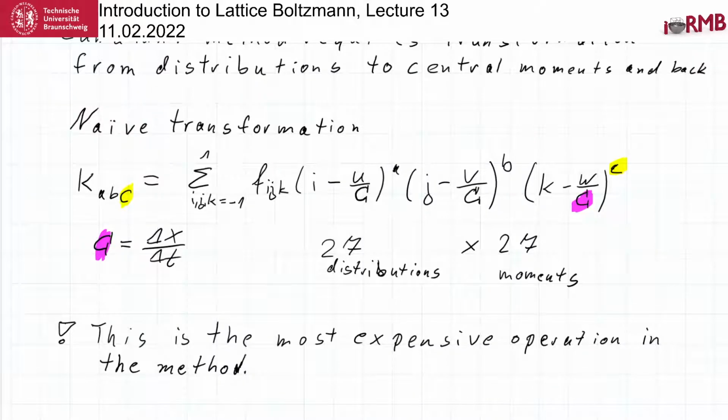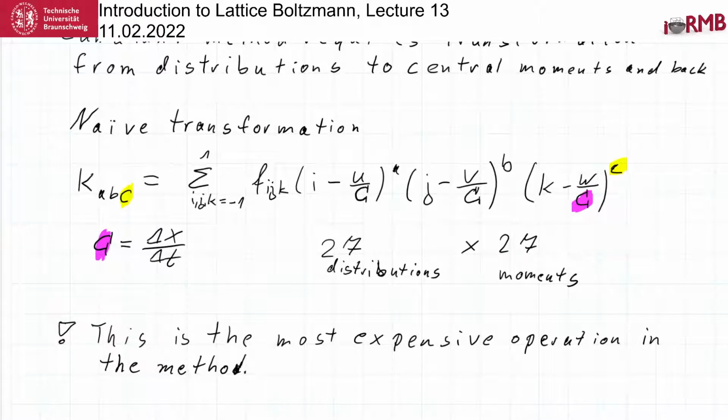And to tell you the truth, when the cumulant method was first introduced, this completely killed the method in two ways. First, it was so expensive that it was completely unbearable, so the method was too slow to do anything with it. And the other thing is, because there are so many summations upon summations, the round-off error built up was so disastrous that any improvement in accuracy could not be appreciated from this naive transformation.